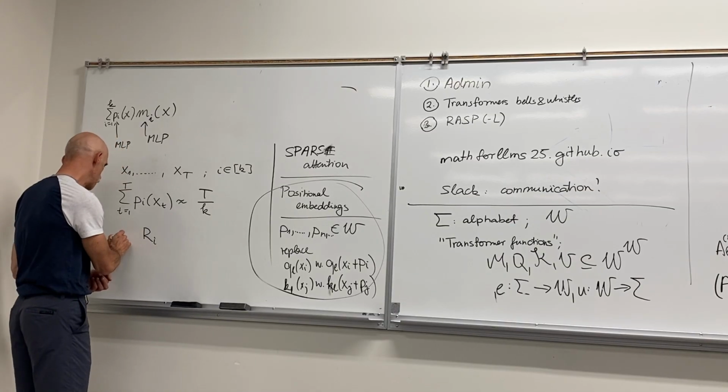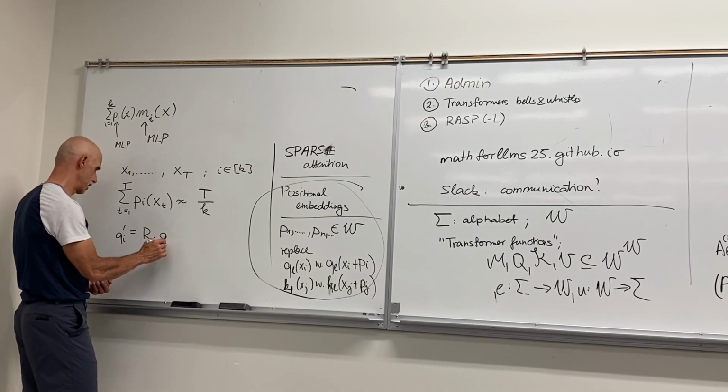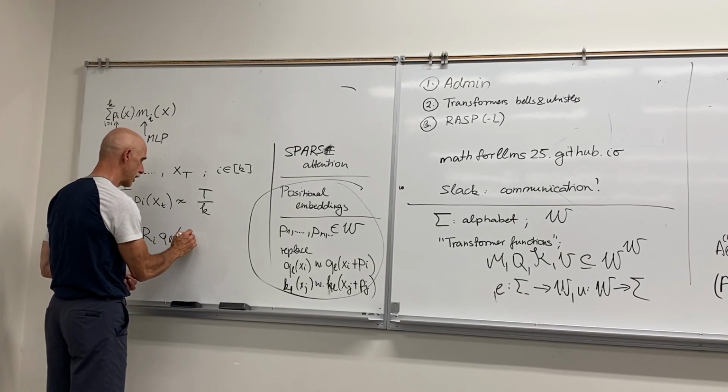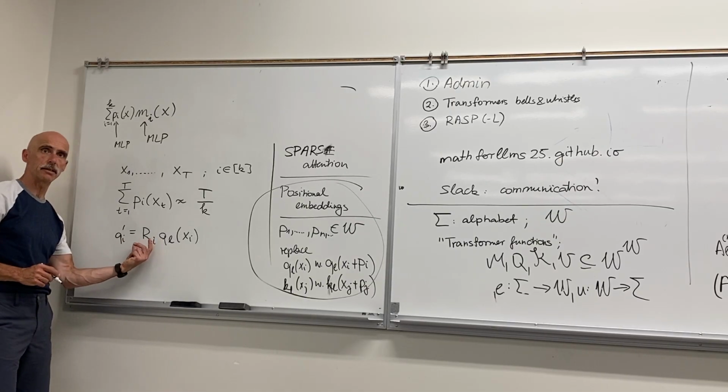So the actual query value is going to be the query network applied to x_i, but then you rotate it with a rotation matrix.